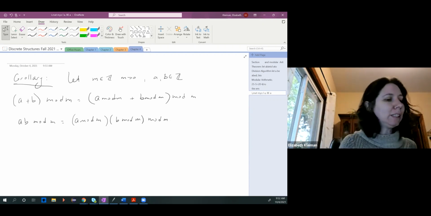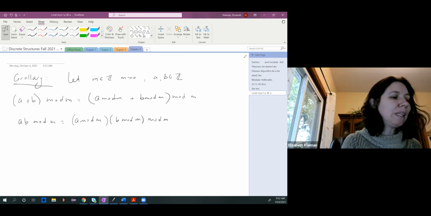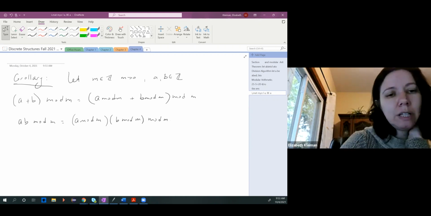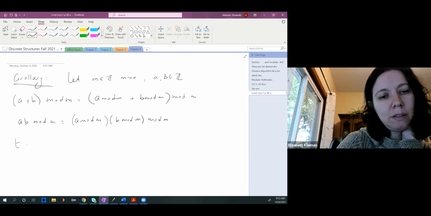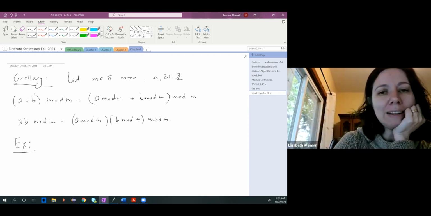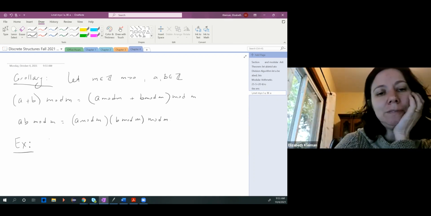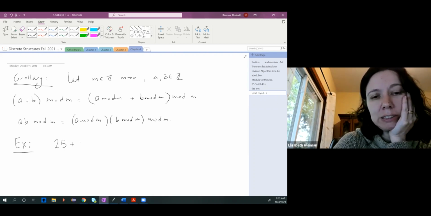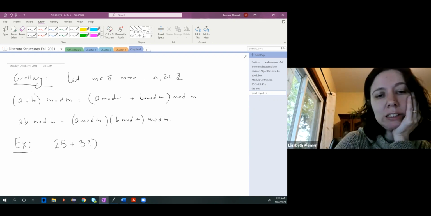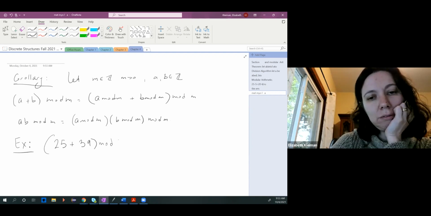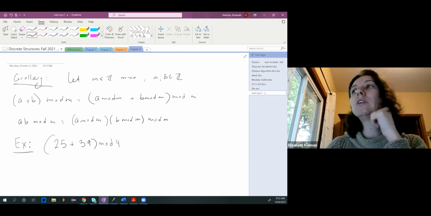Okay, and that brings us to operations on how we can play with numbers. So let's do an example. Assume I want to compute something like 25 plus 39 mod 4, for example.